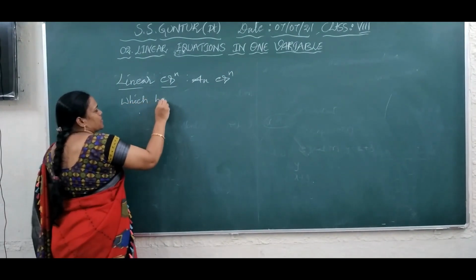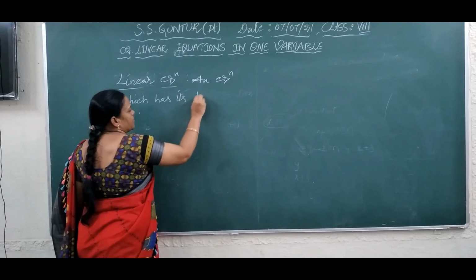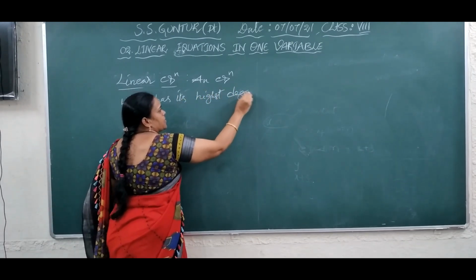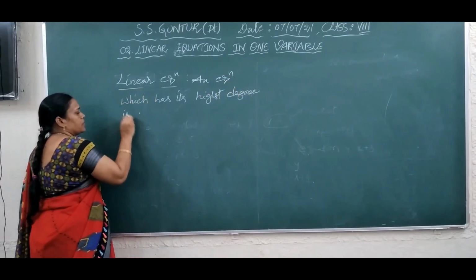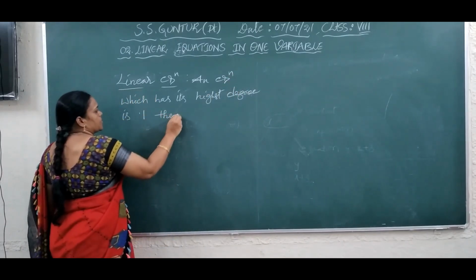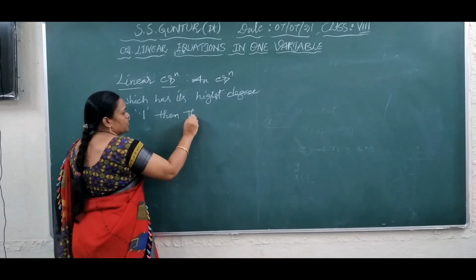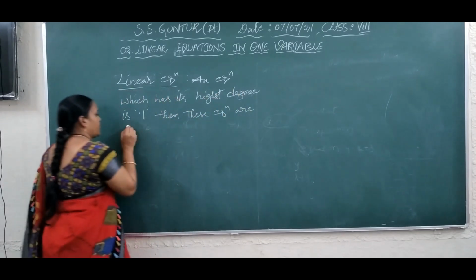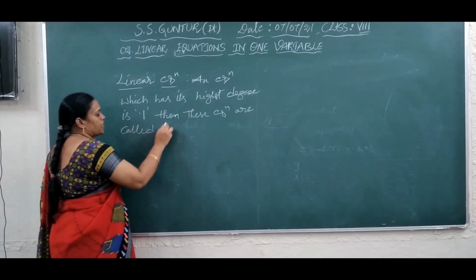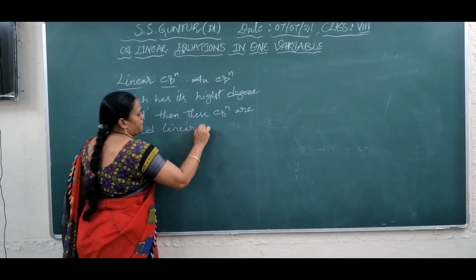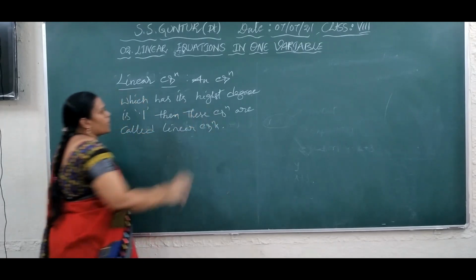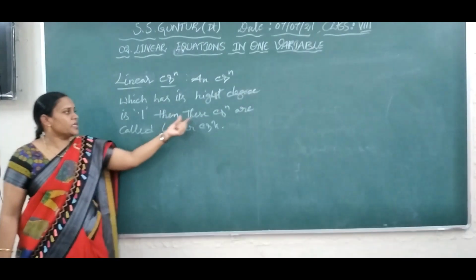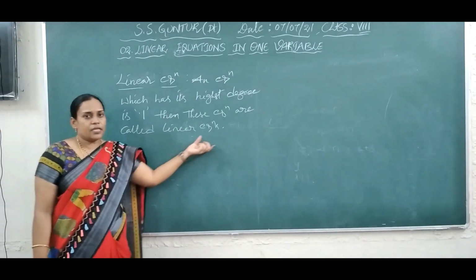An equation which has its highest degree 1, then these equations are called linear equations.